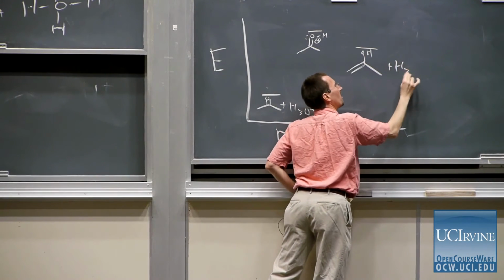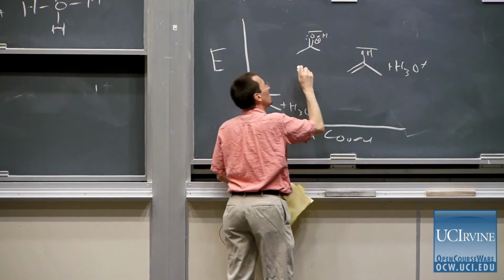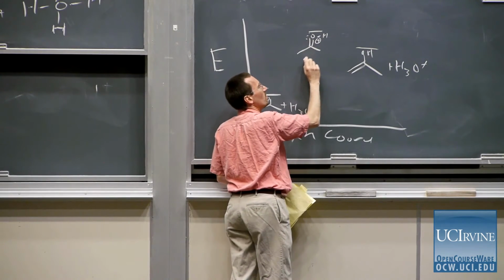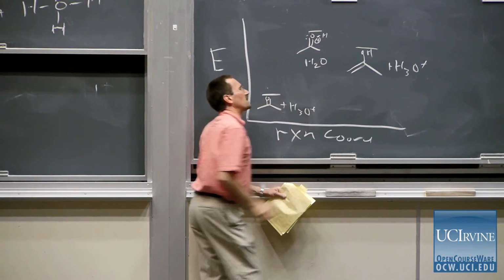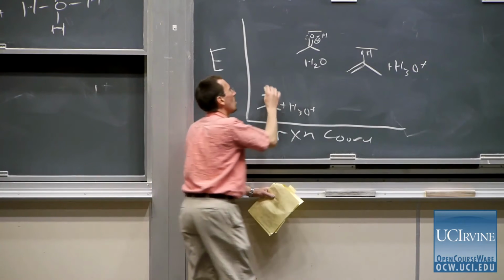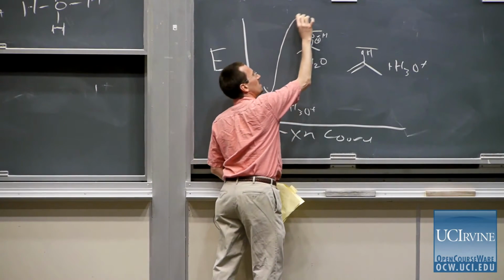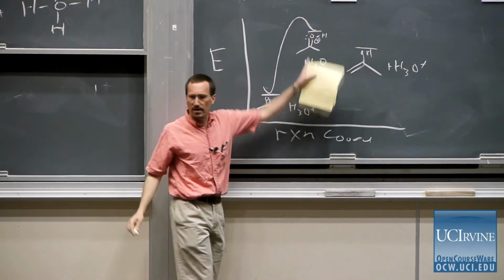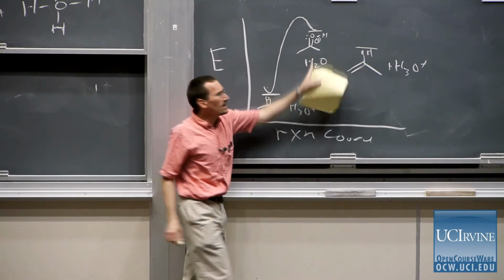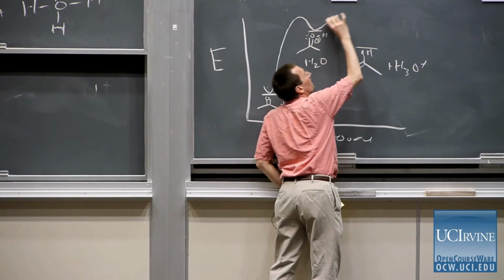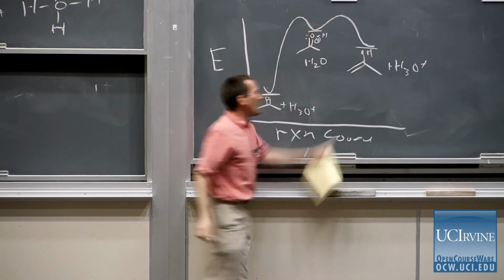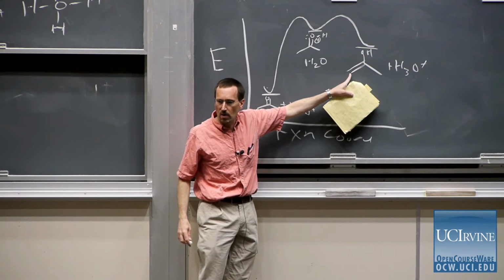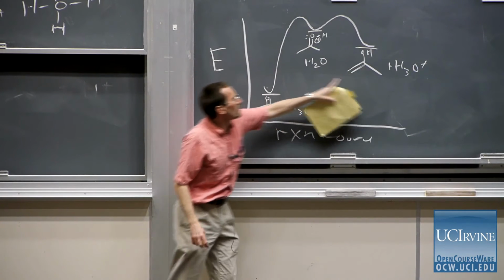And technically, if I'm writing this out correctly, this is acetone, protonated acetone plus H2O. What's happening in our mechanism is first we're going uphill to an intermediate, and then we're coming down to our product, to our enol that's higher in energy.